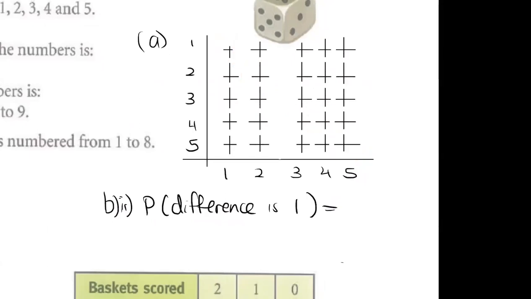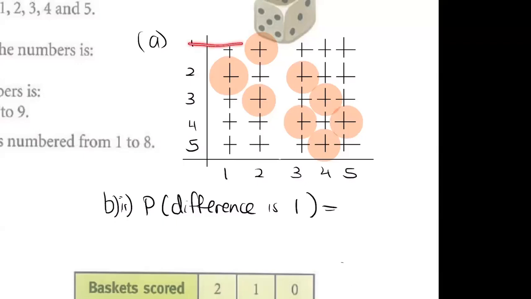So I'm reading from here, 1 and 2, 2 and 3, 3 and 4, 4 and 5.